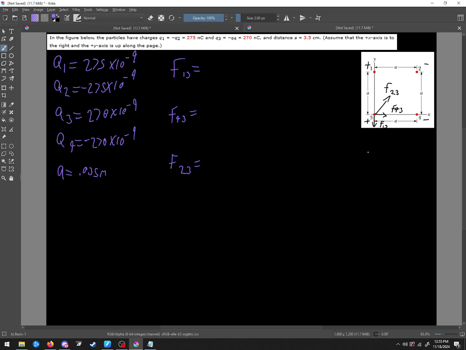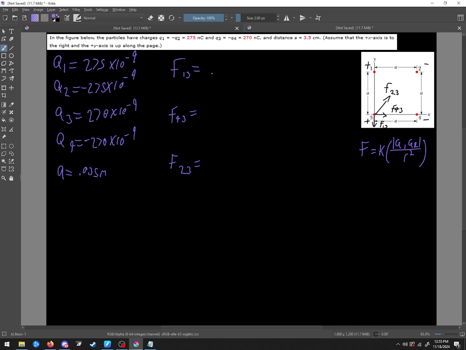And remember that the law here for the Coulomb's law, it's going to be F equals K, absolute value Q1 Q2 over R squared. Okay?